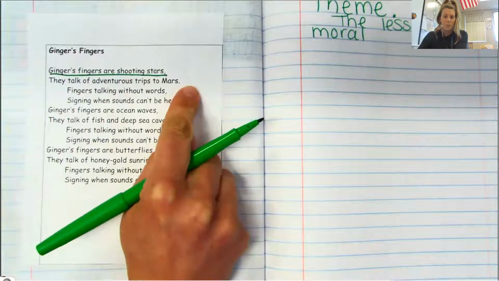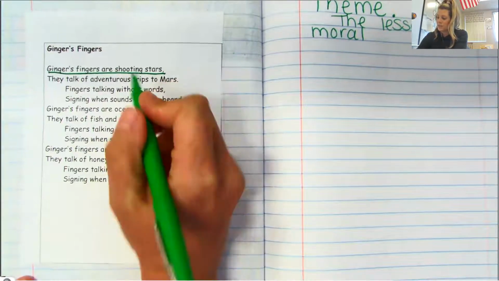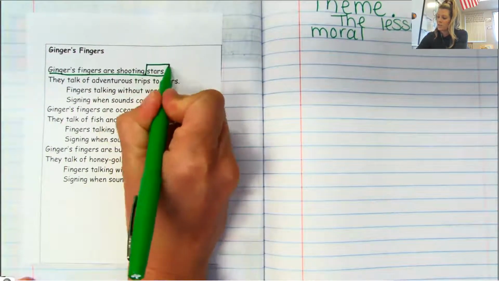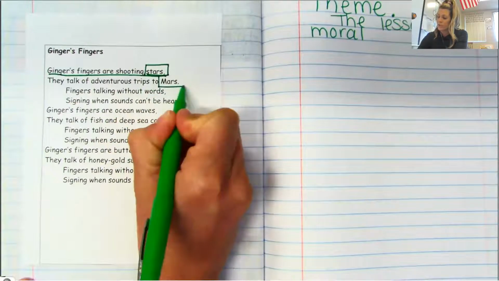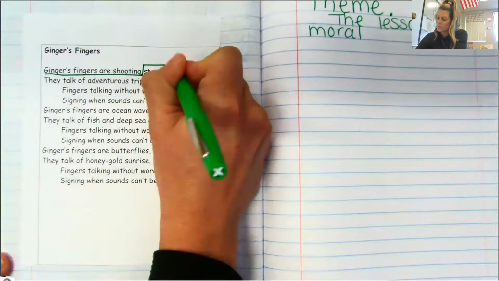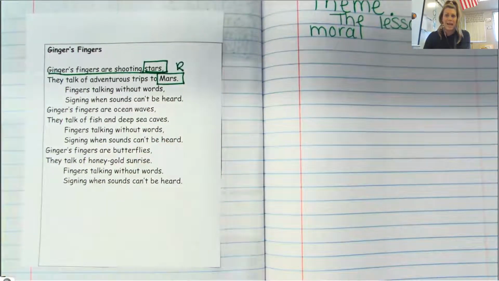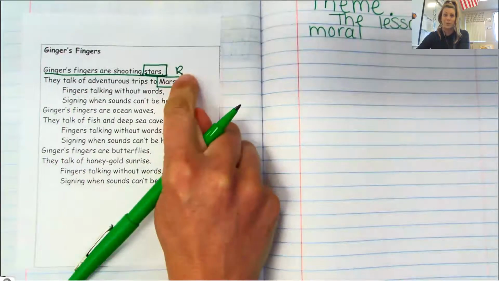I'm going to stop you because I want to see if you notice something. We don't have a metaphor here, but look at this. Stars and Mars both what? They rhyme. So let's just put a little R next to that. They have that same ending sound, R's. And they rhyme. That's why we're putting an R next to it.